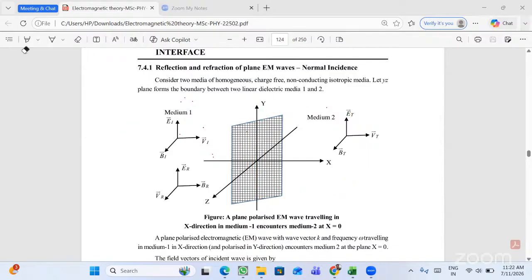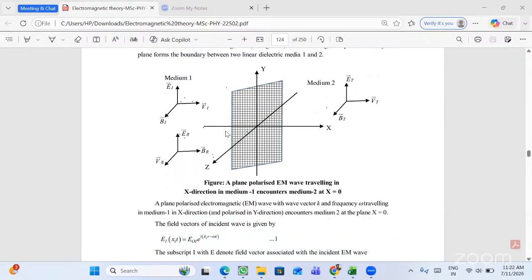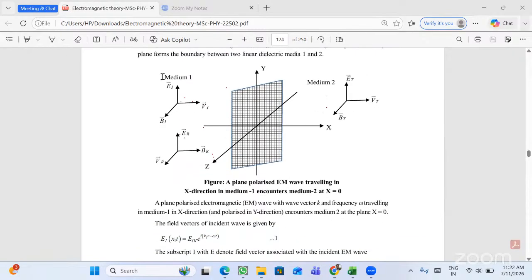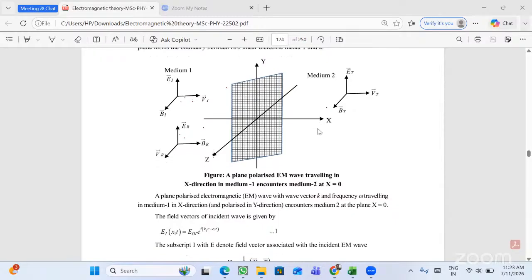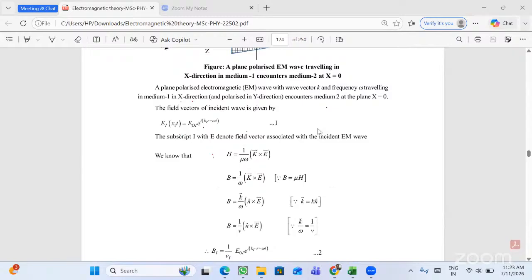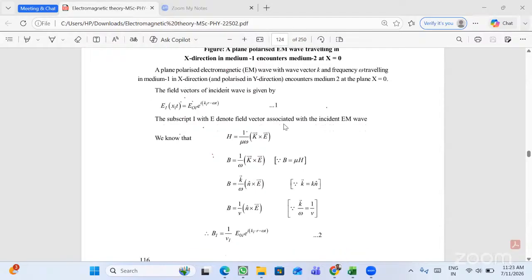Understand? See here, we have written different equations like E_I, B_I, V_I for the incident wave, and for the reflected wave, E_R, V_R, B_R. And this is for the transmitted wave, E_T, B_T, and V_T, along three directions. Here is the equation of the incident wave, which we have represented as equation 1.